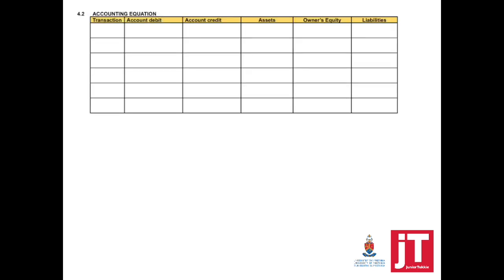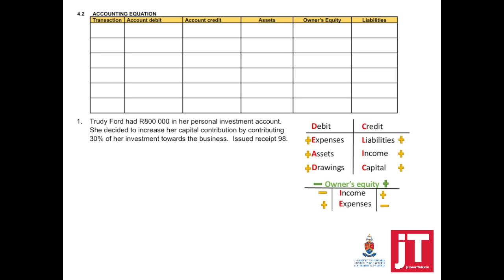The next part of this transaction or question is completing the accounting equation. We start off with day 1. There were two transactions on day 1. First, the business received money. If the business receives money, bank is always debited. The rest is credited. So capital was credited. Bank is regarded as a current asset, which will increase.